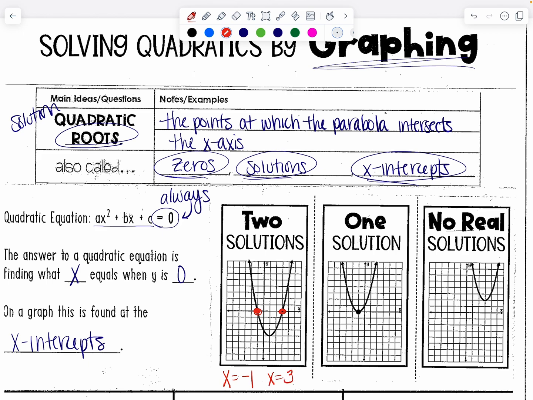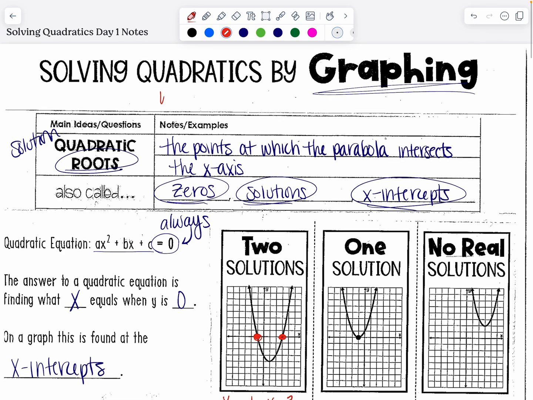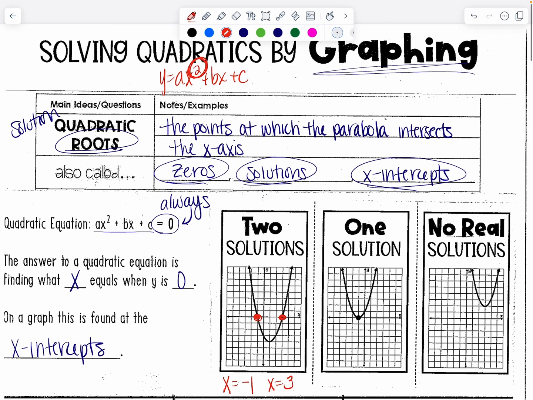Something else to remember: when we write a quadratic in standard form, we have this squared. The fundamental theorem of algebra tells us that whatever the highest exponent is, that's how many solutions we should have. So we should have 2 answers to a quadratic. Now, the second one here says 1 solution, which seems to contradict everything I just said.